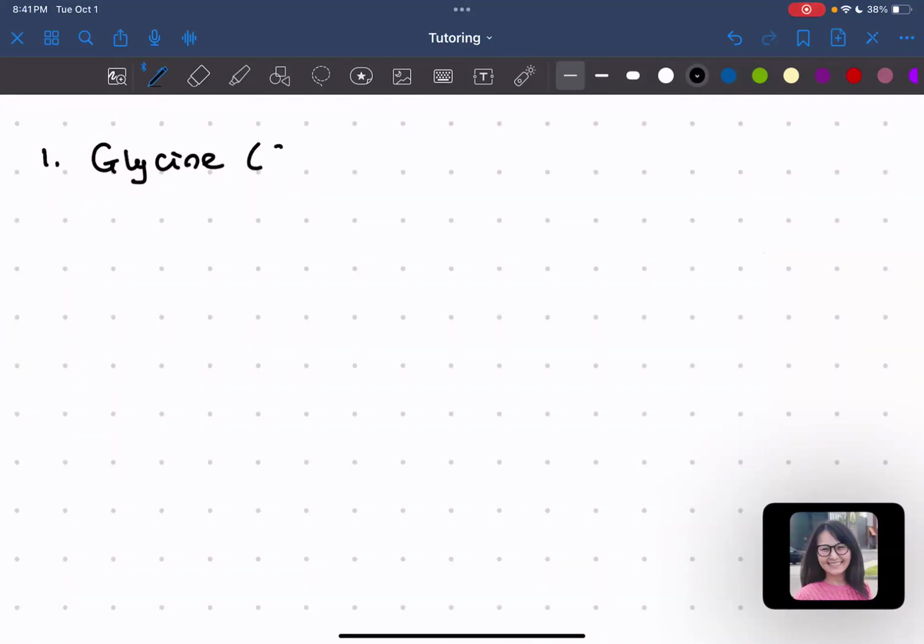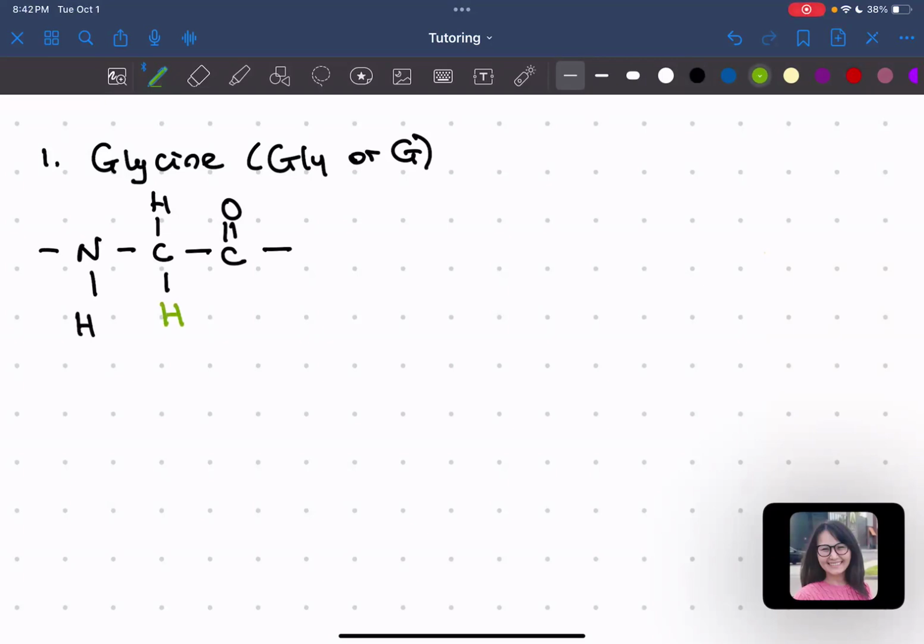It's known as Gly or just G, and it's just nitrogen, carbon, oxygen, carbon, hydrogen, oxygen bond. And remember this one. This is our peptide bond.